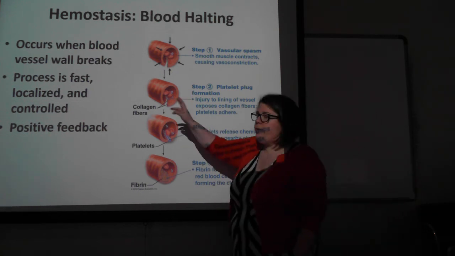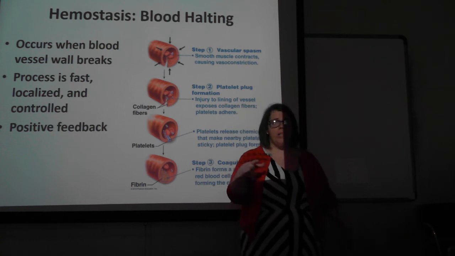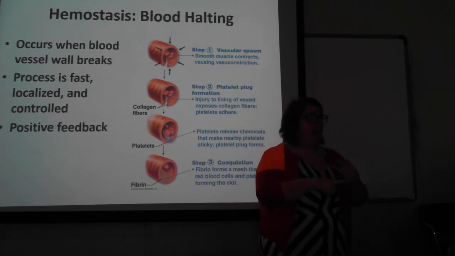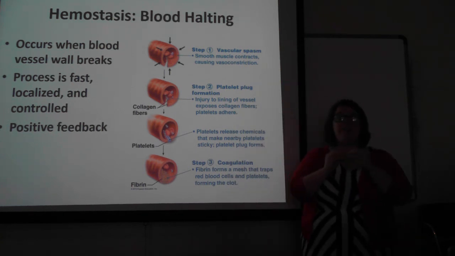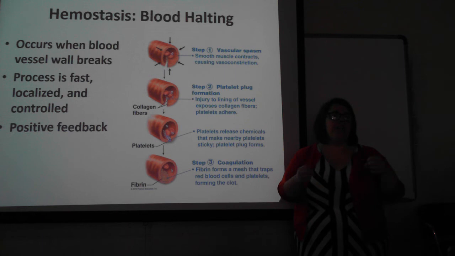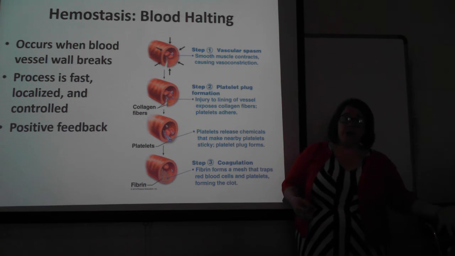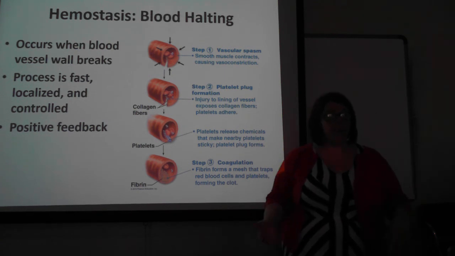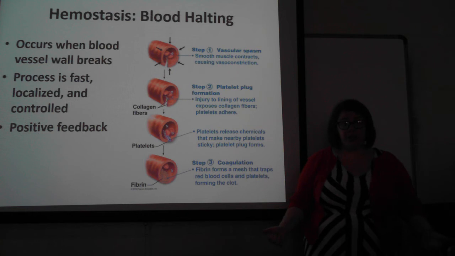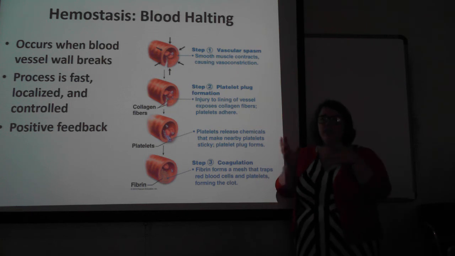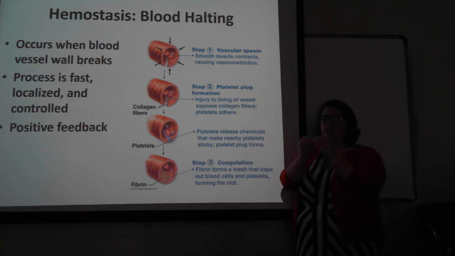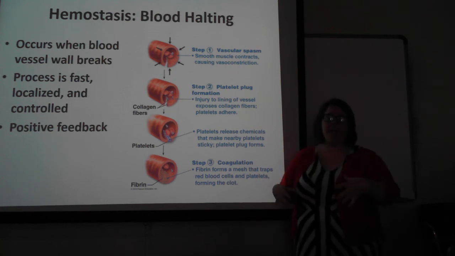And the second bullet's really important. Blood halting, blood clotting, it's very fast, but it's also very, very localized. We know that blood clots where we don't need them and when we don't need them are incredibly dangerous. And so this process is really, really controlled to make sure it's only happening in the place we need it.